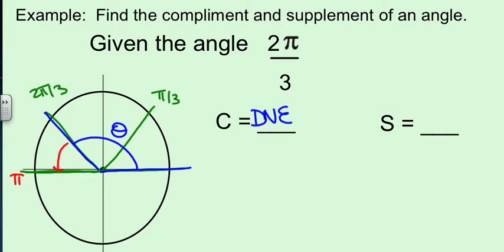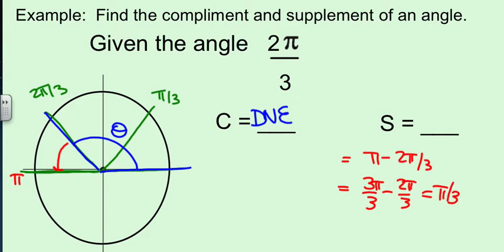So I take pi and subtract 2 pi over 3. What is that distance? So I'm going to convert this to a like denominator. So 3 pi over 3 minus 2 pi over 3 is pi over 3. So the distance from here to there is pi over 3. So the supplement is pi over 3.